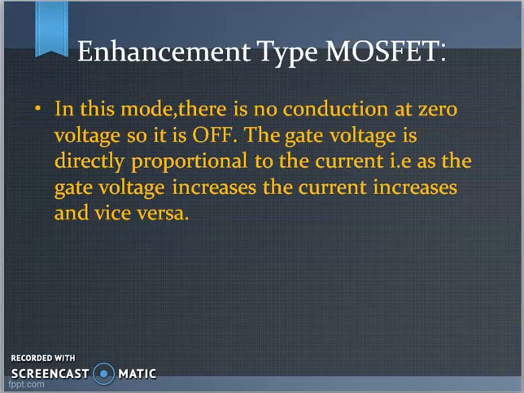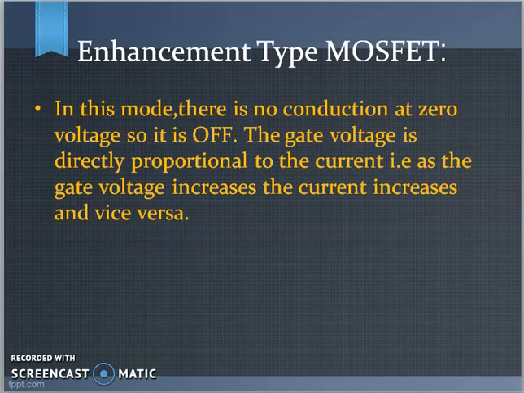Now what is it? In enhancement type MOSFET, there is no conduction at zero voltage, so it is off. Understood? The gate voltage is directly proportional to the current.